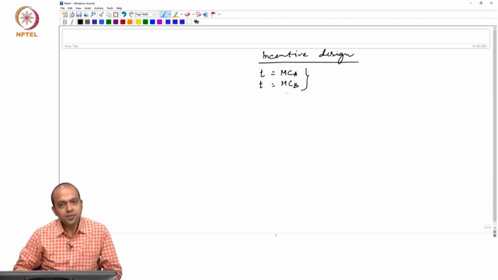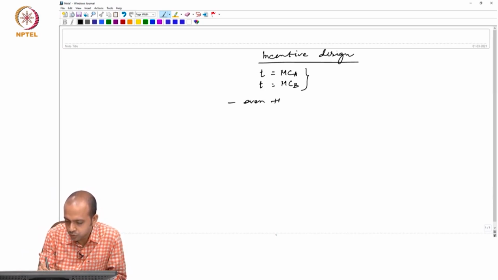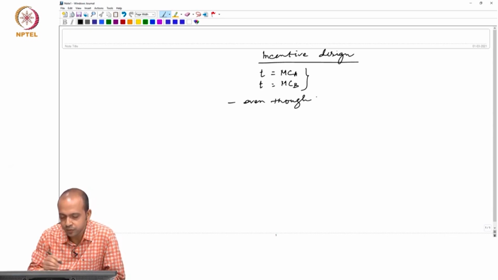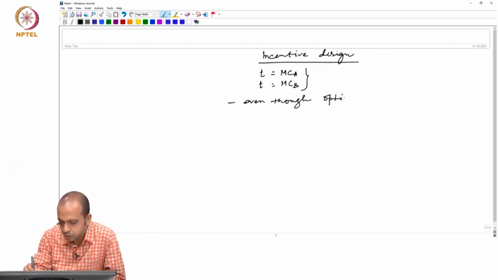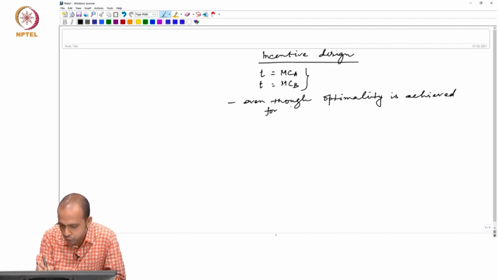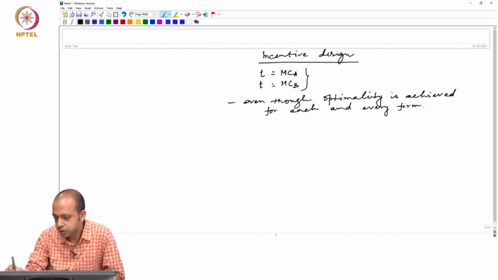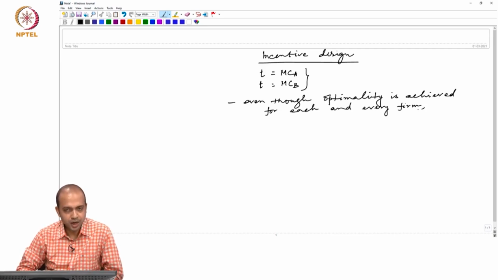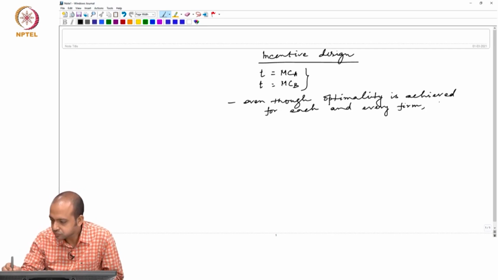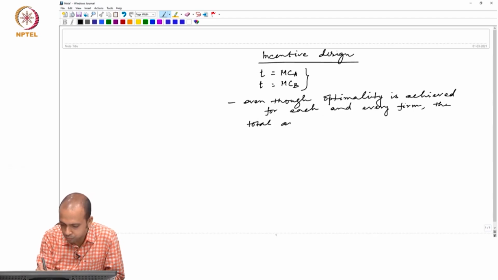So, in this process, even though optimality is achieved for each and every firm in emission charge, what is unknown or uncertain to the policymaker is the total amount of emission.